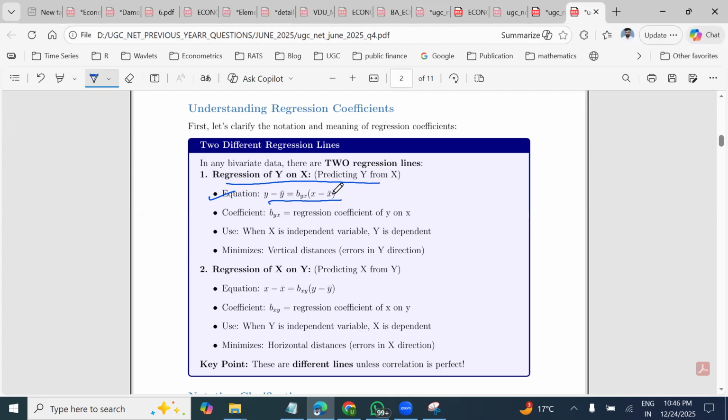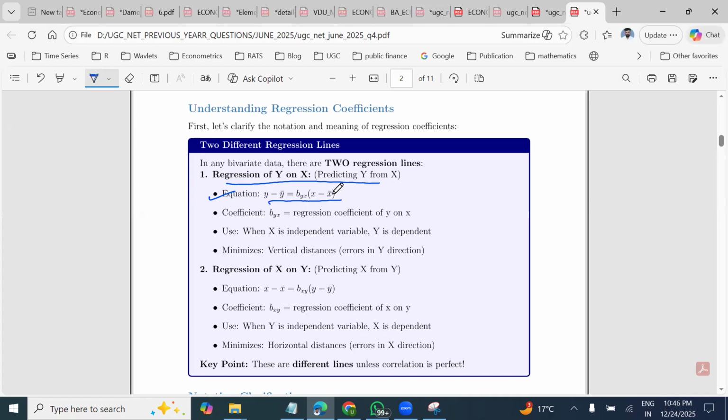Always just look at y, because there is no confusion: starting from left to right, y on the left means y minus y bar. Then the other side you can easily remember.